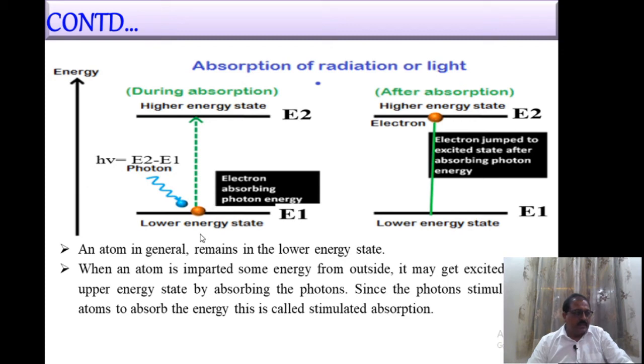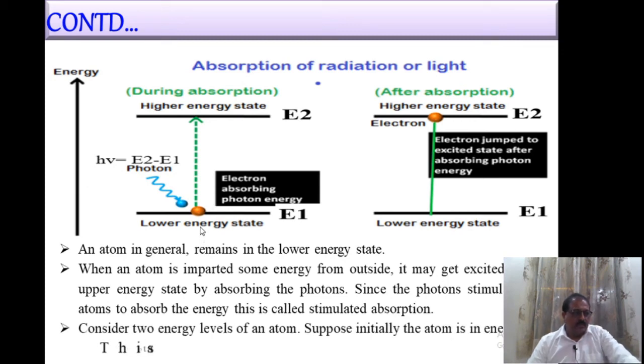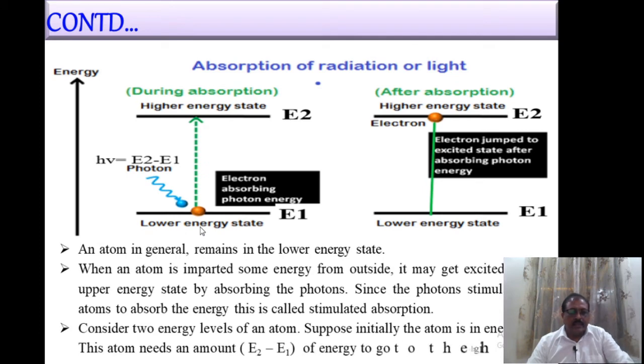So consider two energy levels of an atom. Suppose initially the atom is in energy E1. This atom needs an amount E2 minus E1, that is the photon energy h nu, to go to the higher energy state, that is E2.